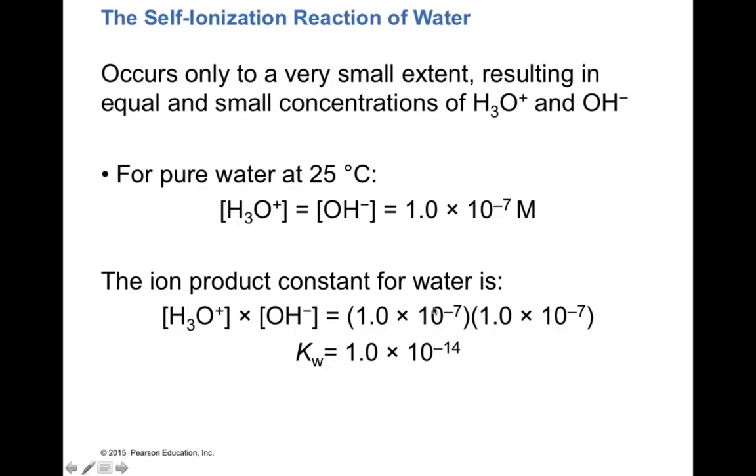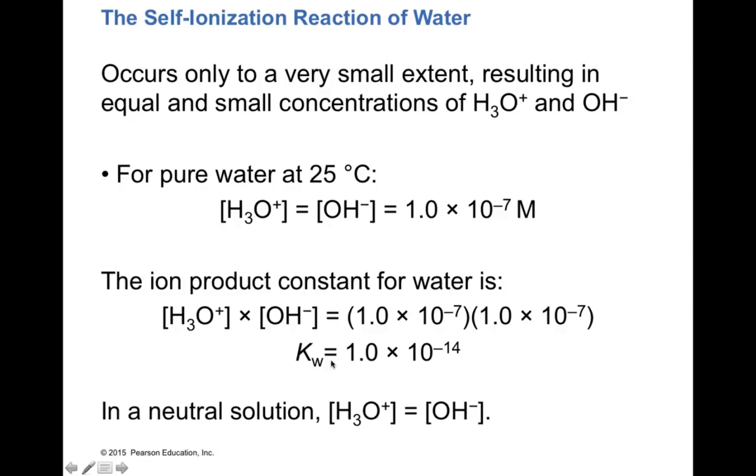Because we know that Kw at 25 degrees is always going to be 1.0 times 10 to the power of minus 14. So that's the way that we can determine one of these concentrations if we know the other one, because the Kw is a known constant. In a neutral solution, both concentrations, as I mentioned before, are equal.